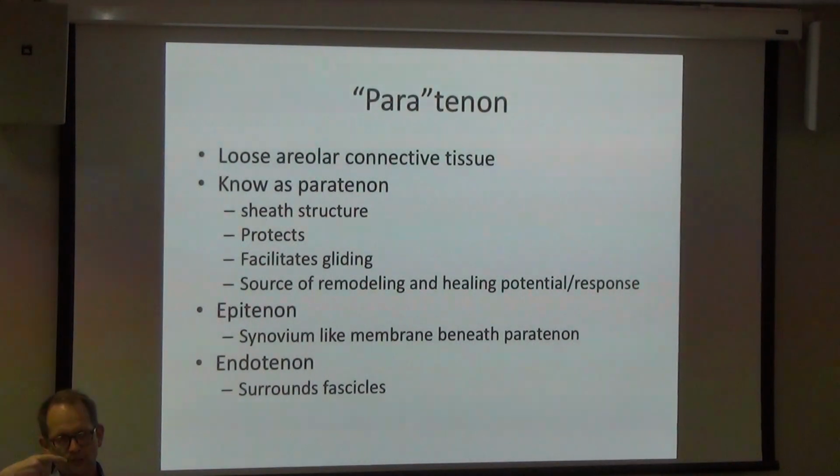If you don't get your suture or tendon passer into the tunnel and you strip into the paratenon tunnel, it's a disaster, right? Anyway, endotenon is the layer one hierarchical level below the tendon that surrounds the fascicles.